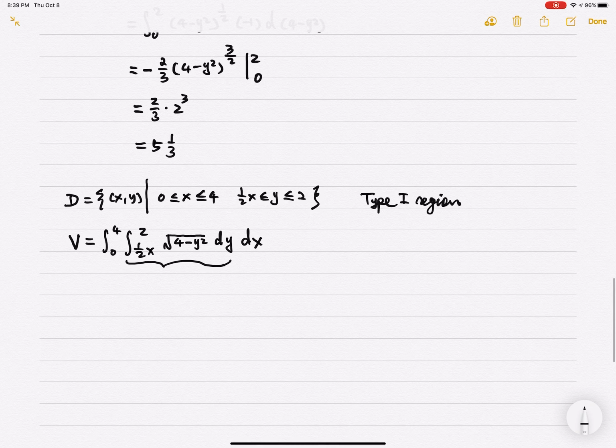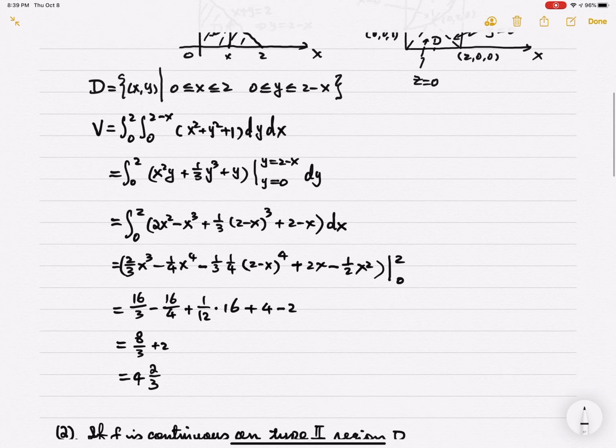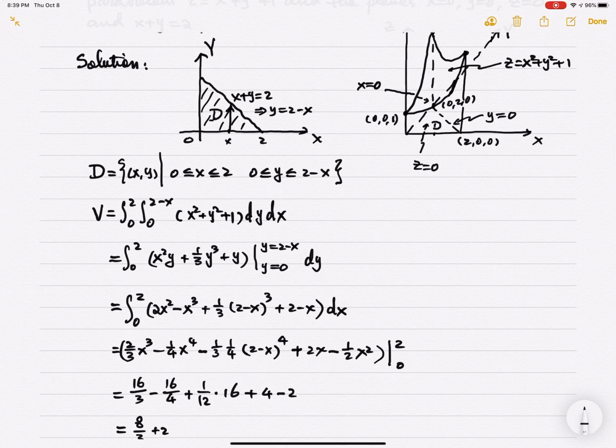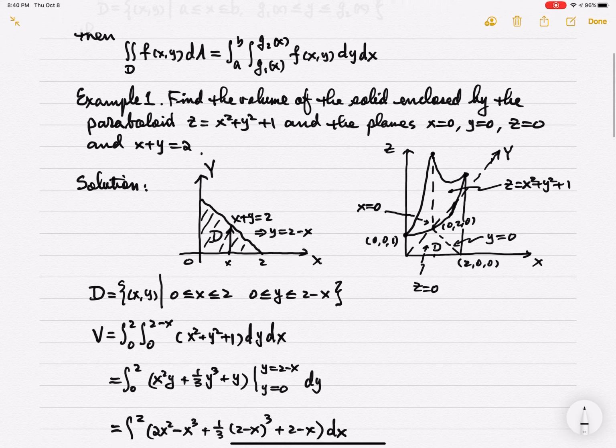Well, let's look at the first example. Because there is no square root, I think the difficulty level for both is pretty much the same.